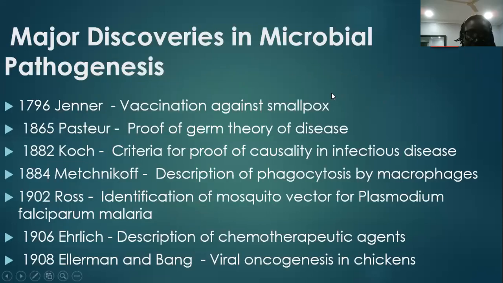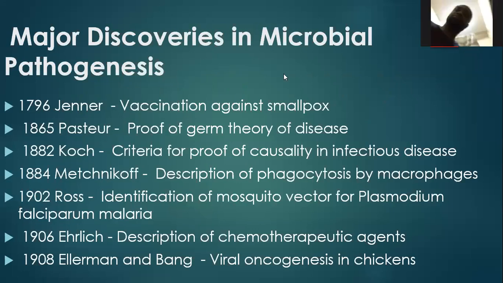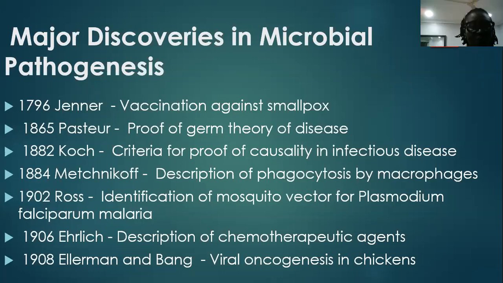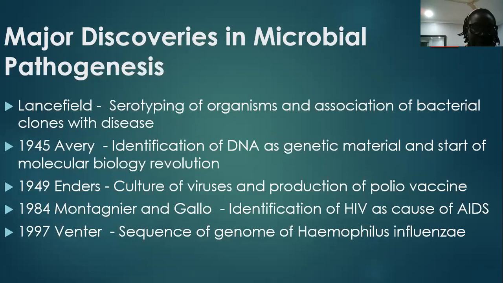So we know about the major discoveries that have gone on in microbial pathogenesis, the Edward Jenners and the Louis Pasteurs and the Robert Kochs, all that they've done throughout microbial discovery, the serotyping and all that.